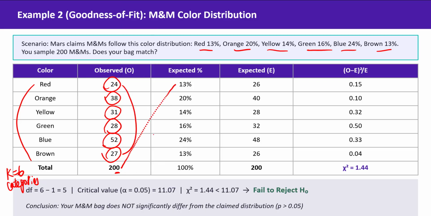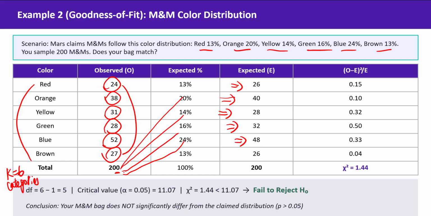So 200 times 13% is 26. 200 times 20% turns out to be 40. 200 times 14% is 28. 200 times 16% is 32. 200 times 24% is 48. And then 200 times 13%, 26. So the total, again, sums up to 200.